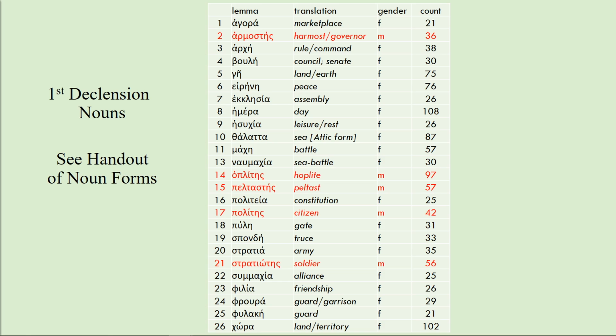So again, if you're going to memorize the most common words: for example, hemera, day, shows up 108 times. That's worth learning. Ge, land or earth, shows up 75 times. That's worth learning. Chora, land or territory, 102 times. That's worth learning.